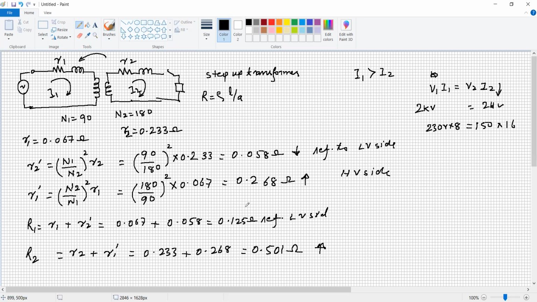So lower current multiplied by higher resistance, the power loss will be the same. So here I2 is smaller, I2 squared times 0.5 will give the same power loss as I1 squared, where the current is higher, multiplied by the lower resistance as compared to the one referred to the secondary side.